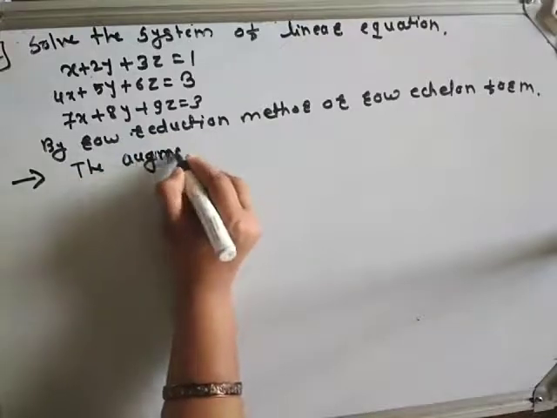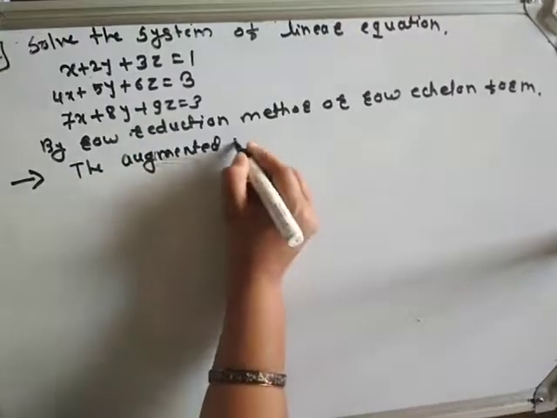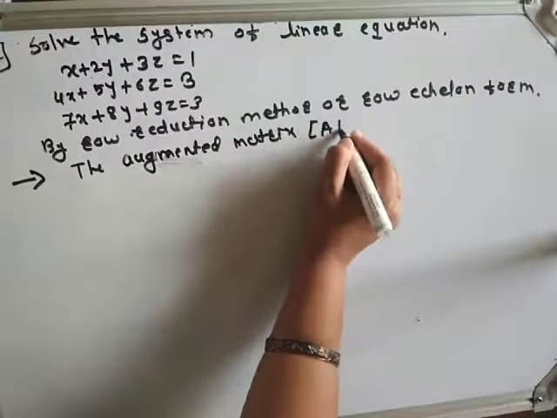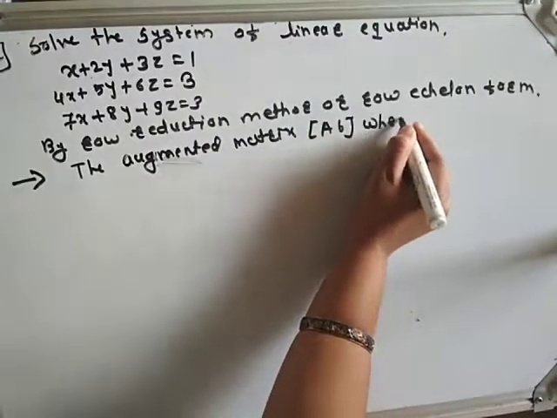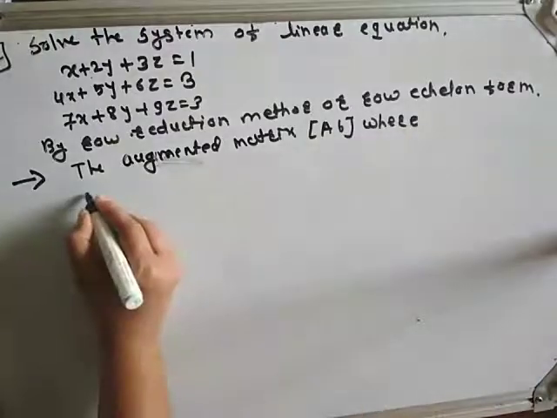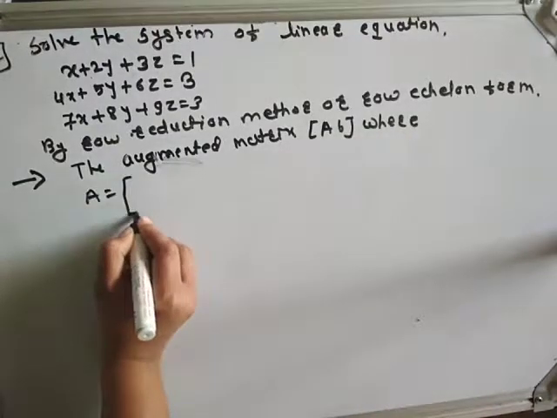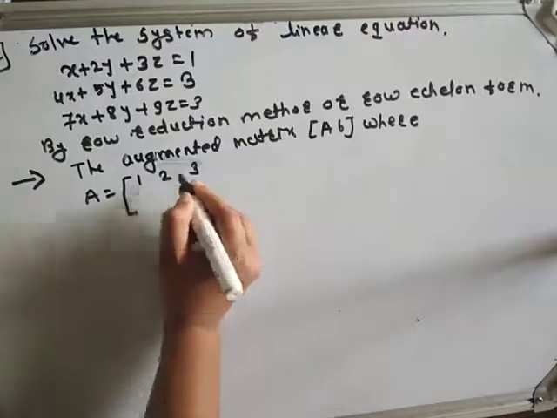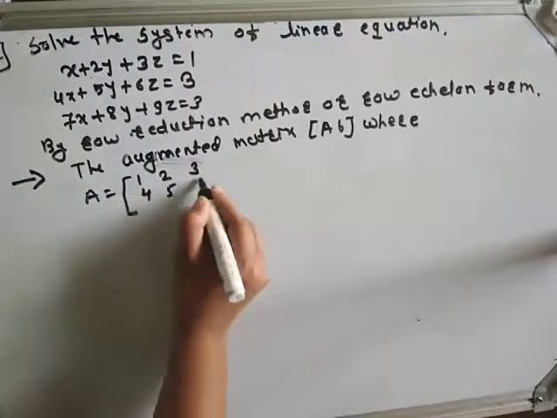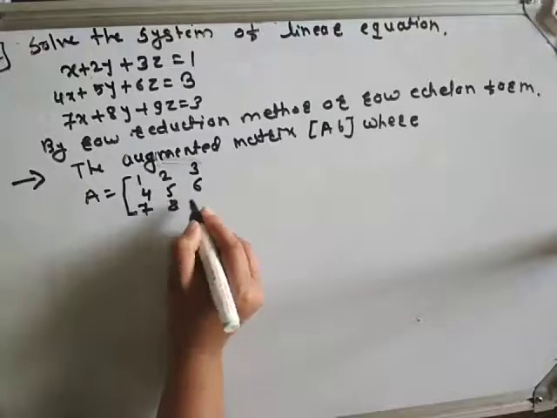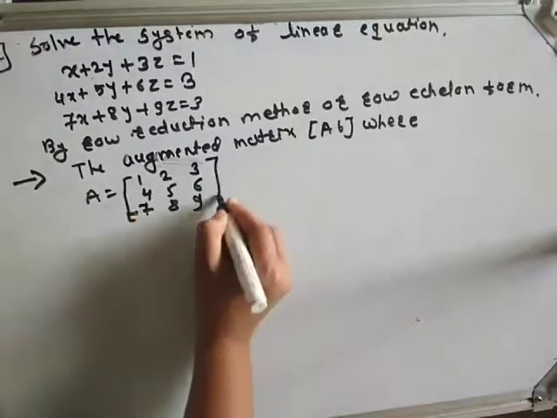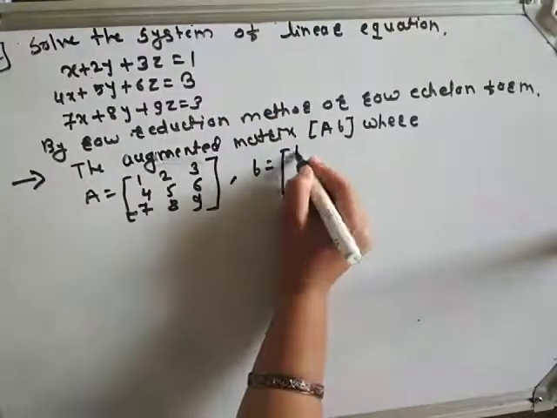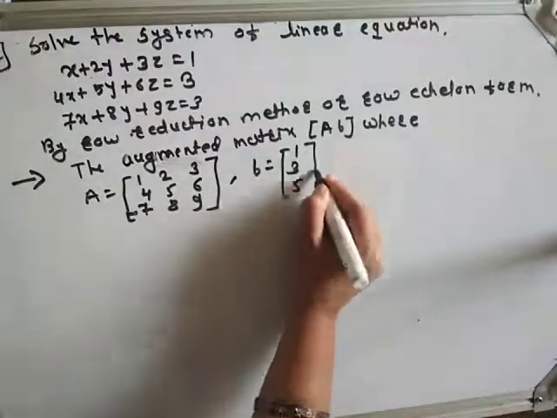The augmented matrix is [A, B], where A is the coefficient matrix 1, 2, 3, 4, 5, 6, 7, 8, 9, and B is the matrix 1, 3, 5.